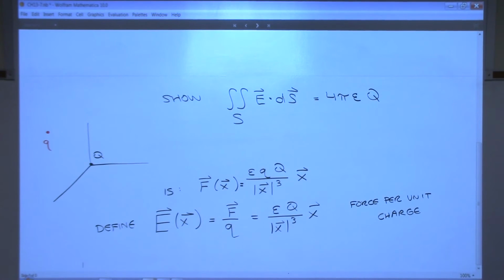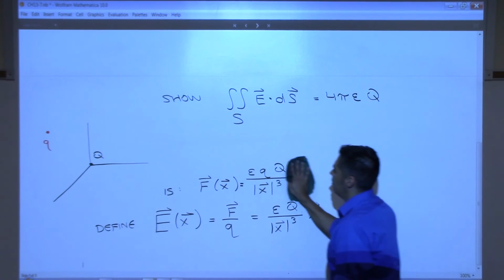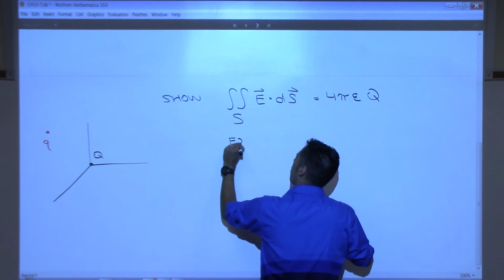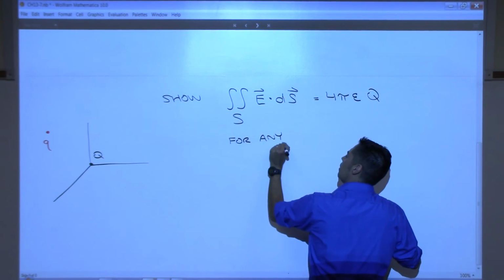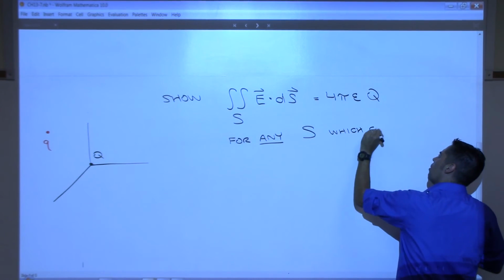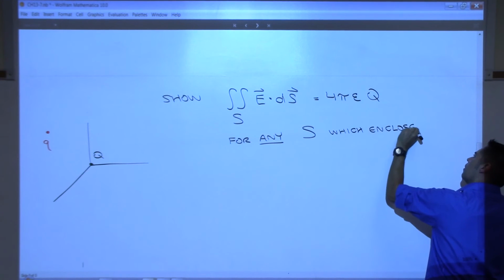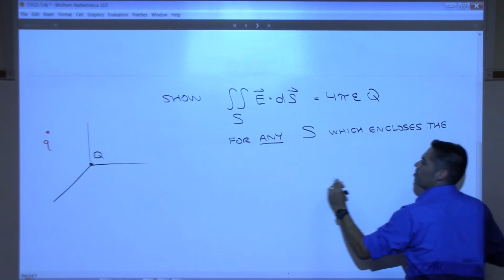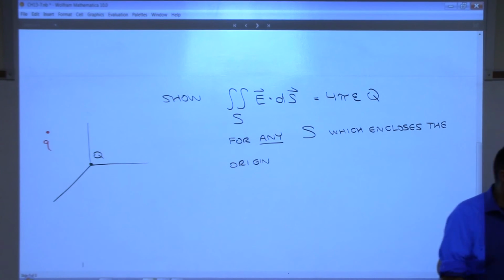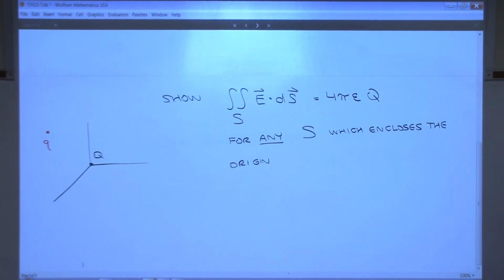I don't know. Maybe you've seen that. That this is equal to that for any S which encloses the origin. That's it. That's what we want to show.